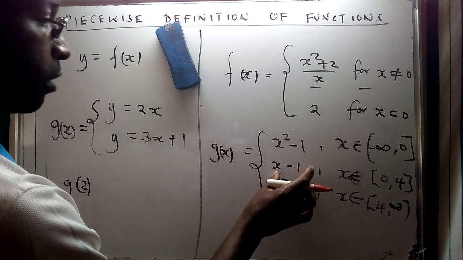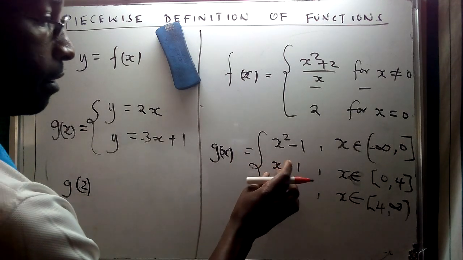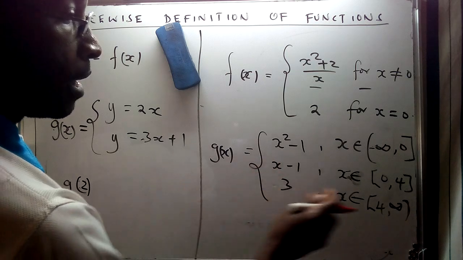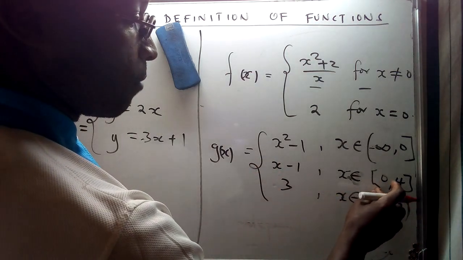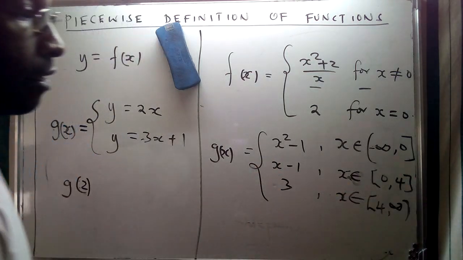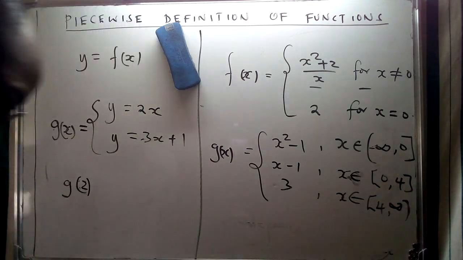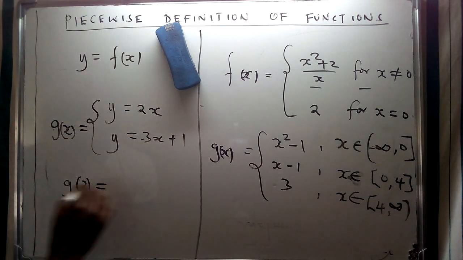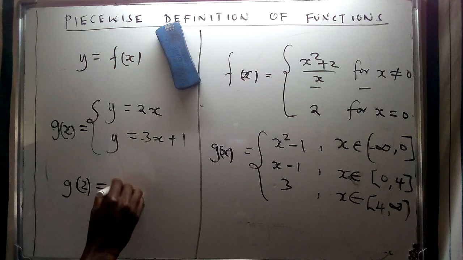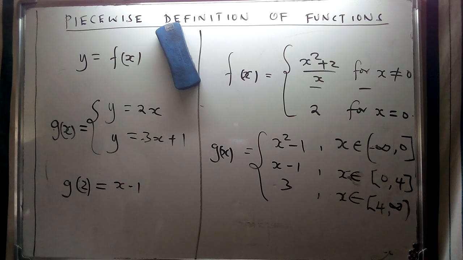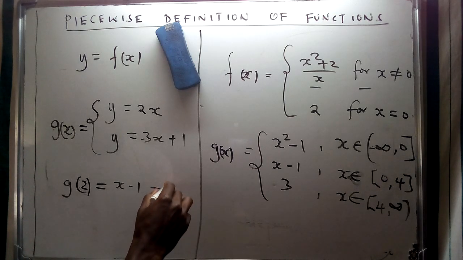And then the second one, we're going to look at the value of g of x, which is equivalent to x minus 1. And it stretches from the closed interval of 0 to 4. And therefore it falls under that category. Therefore, we can solve for g of 2, which is x minus 1, whereby we do a substitution, and this is going to be equivalent to a value of 1.